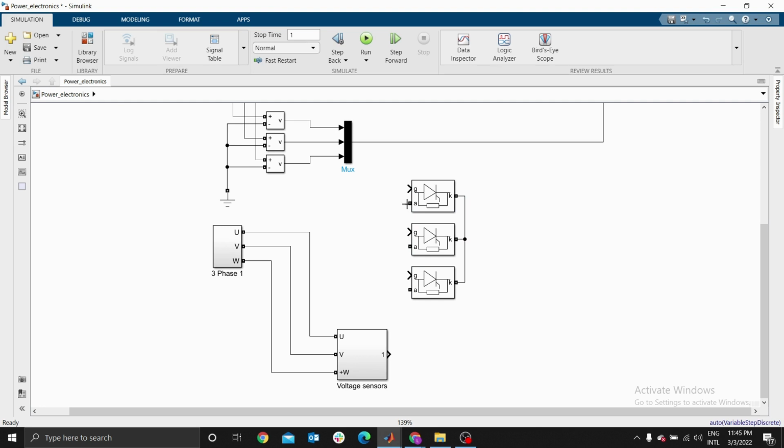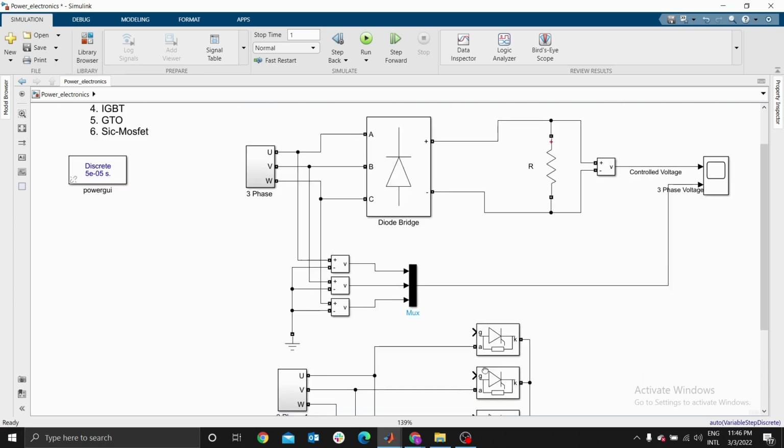Therefore, I need this A to U, this A to V, and this A to W, like that. Then we need to have some pulse at G, at both G's here.